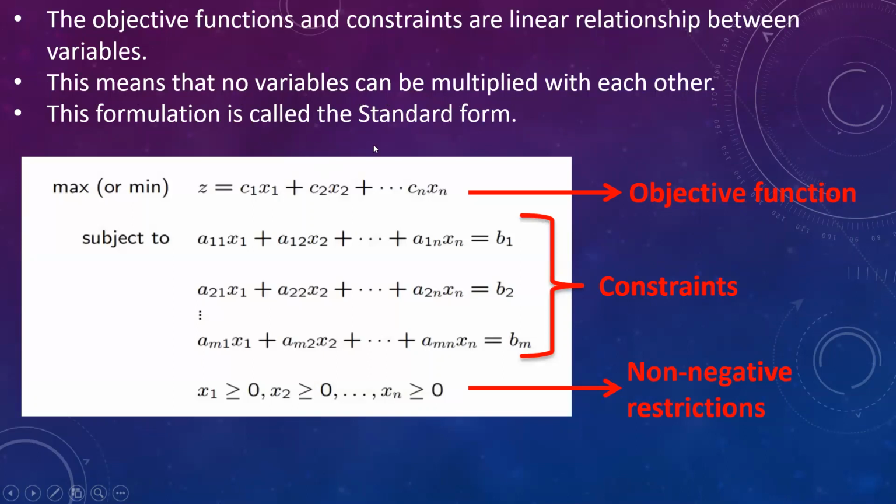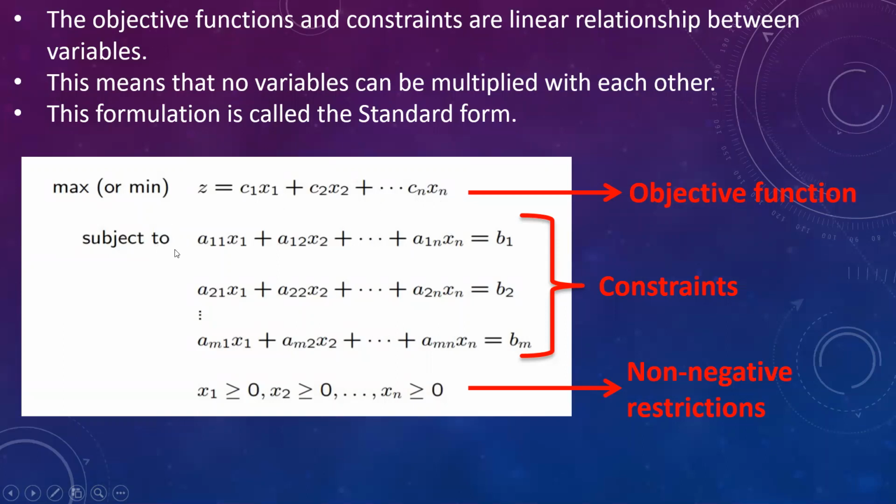So here I have stated the standard form of linear programming. Maximize or minimize z equals c1 x1 plus c2 x2 plus up to cn xn. This is the objective function. It is denoted by z. Depending upon the criteria given, it may be maximize z or minimize z. c1, c2, up to cn are the coefficients of the variables, and x1, x2, up to xn are the variables.